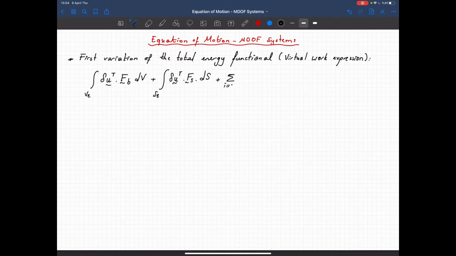So i is equal to 1 to n, displacements at discrete locations and the applied point load. So this part we can just say is the work done by external forces.